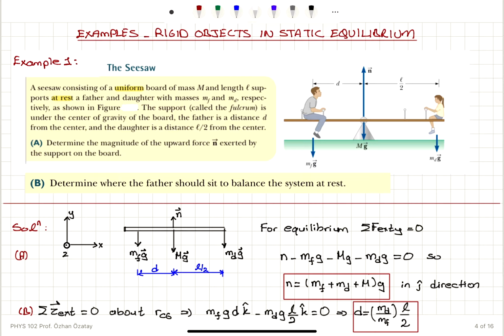Now, we have seen that if the system is at rest, it's in static equilibrium, this torque equation should be satisfied for any choice of the axis of rotation. So that's what I'm going to check next.